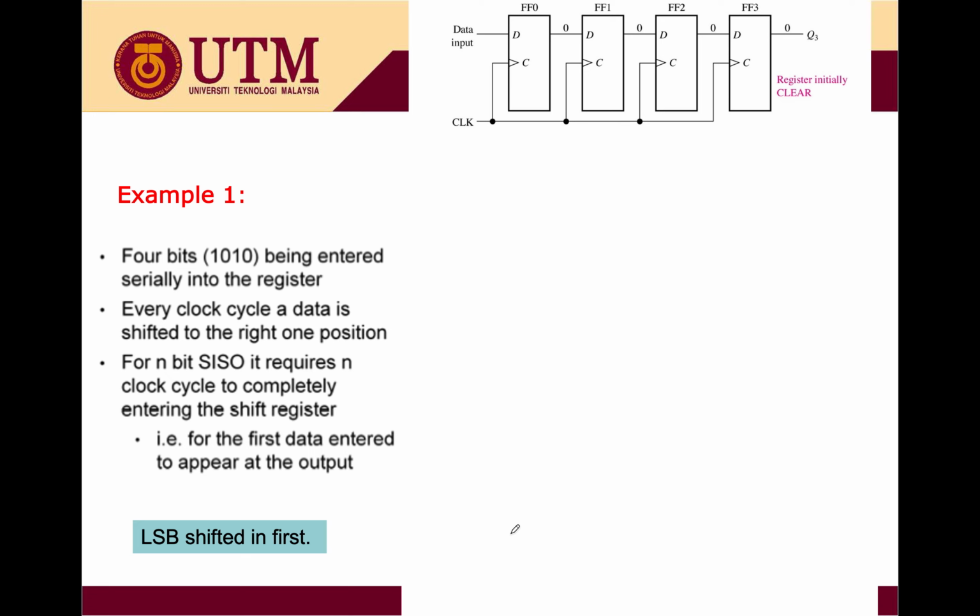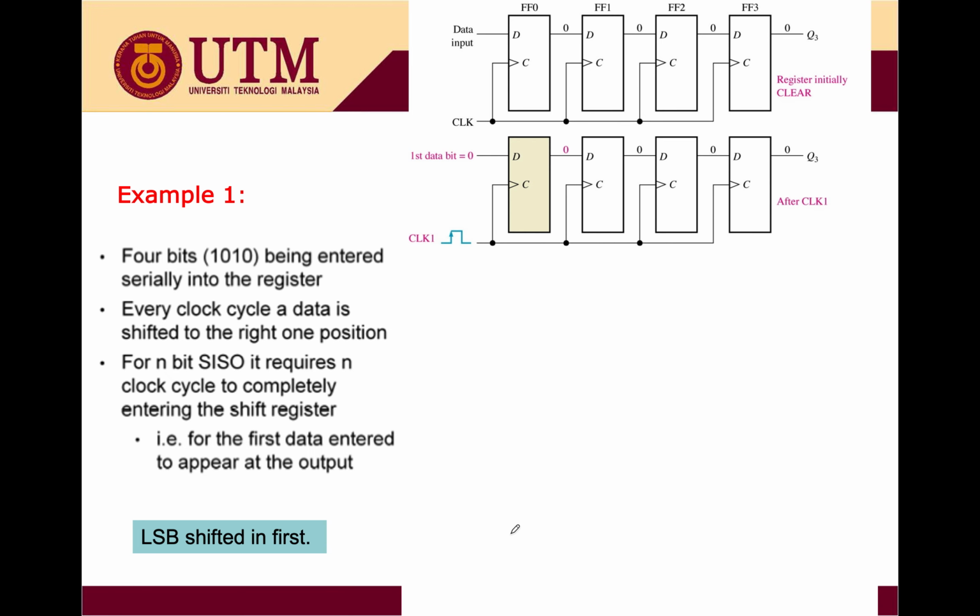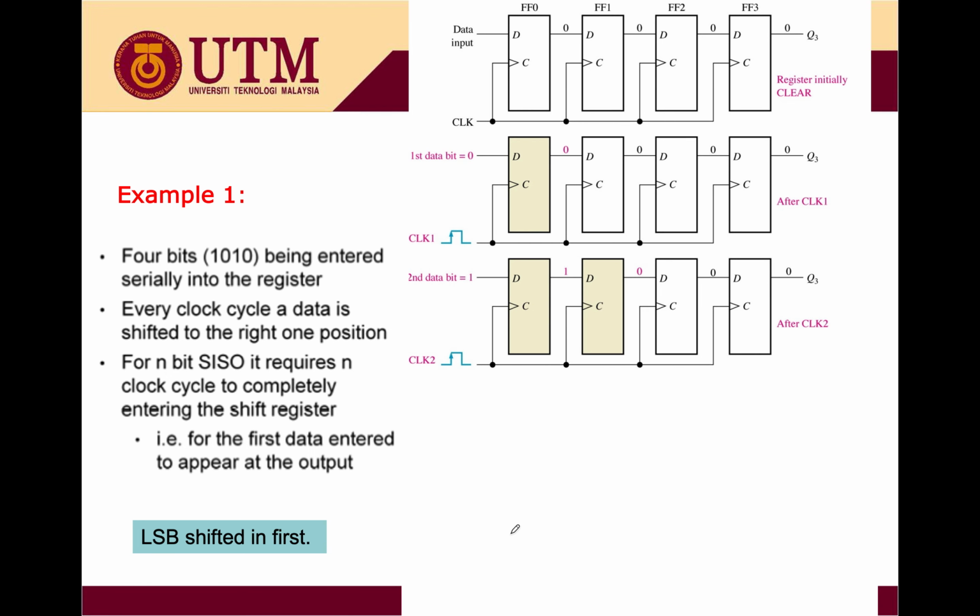Easy to understand. So here there is an example. Let's say you have 4 bits of 1010, being entered serially into the register. You can see that you give the value of 0 first, and then 1, and then 0, and then 1.